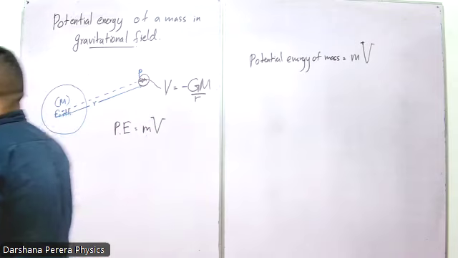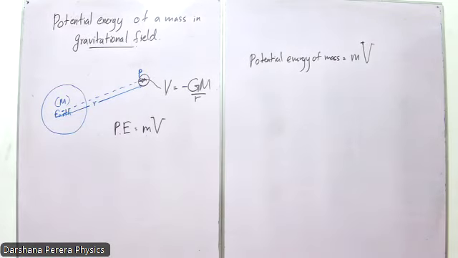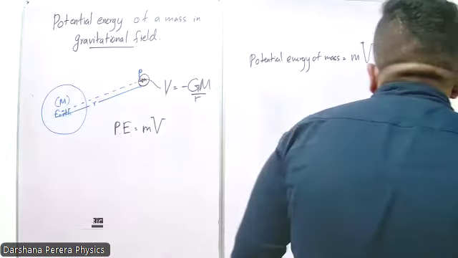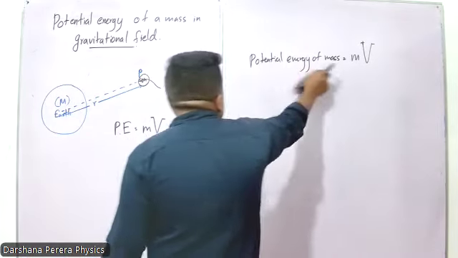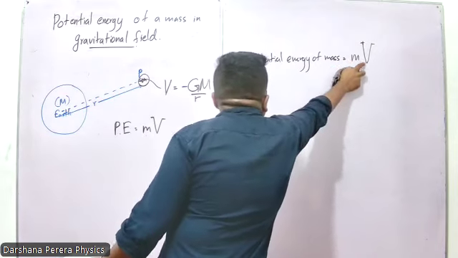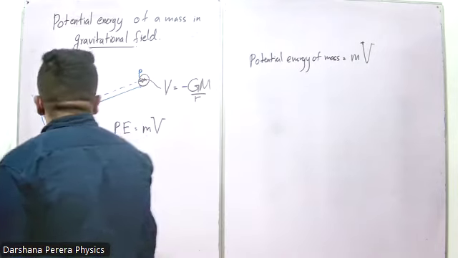No need to draw this one. After writing that, let's write this one. Potential energy of the mass is mass into potential.